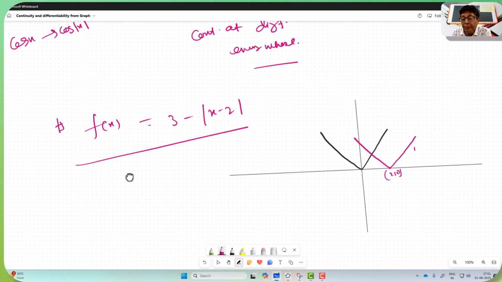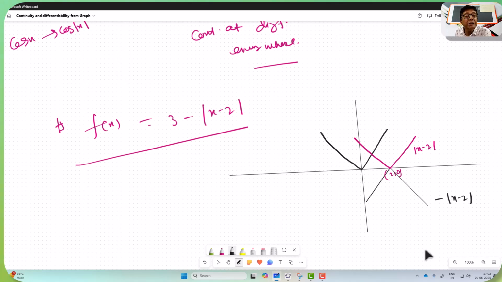So this is the graph of mod x minus 2. Now you have to get minus of mod x minus 2. How to get that? You take the mirror image about the x-axis. So this will be our graph of minus mod of x minus 2.